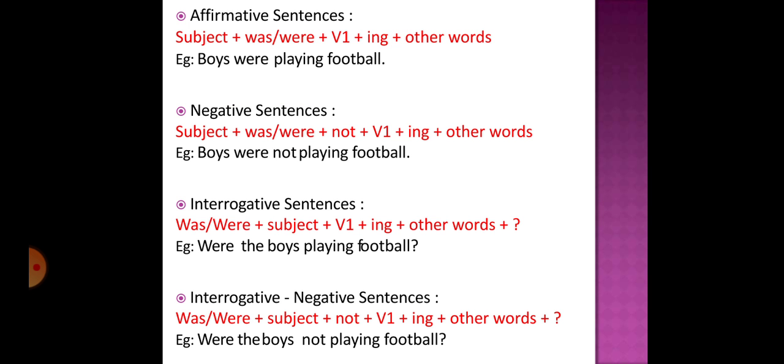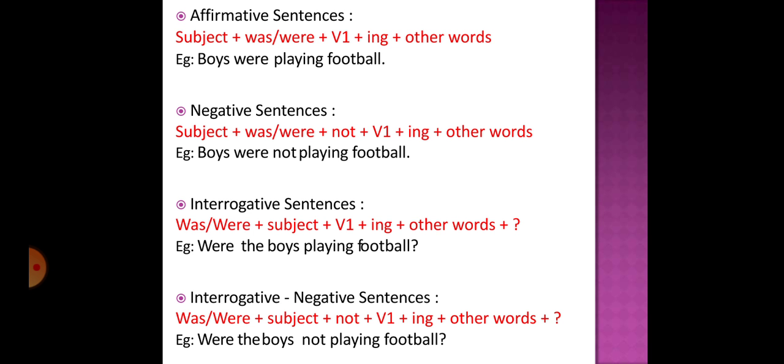Moving on to the sentence structure of affirmative sentence. Subject plus was plus verb in the first form plus ing plus other words. Boys is the subject, were is the helping verb, and the verb is play, and we'll add ing to it, so that becomes playing, and other words, football.